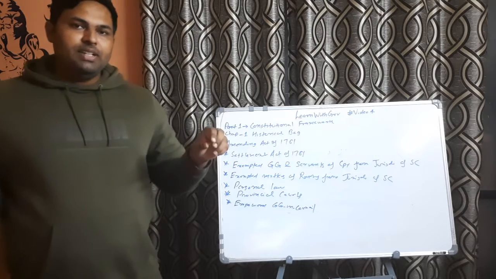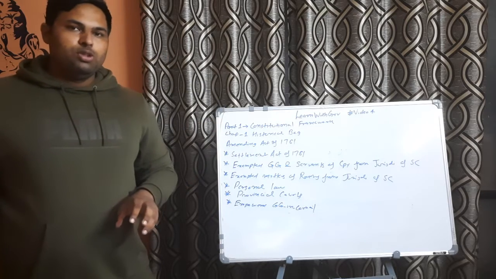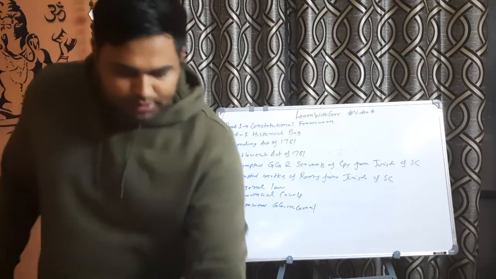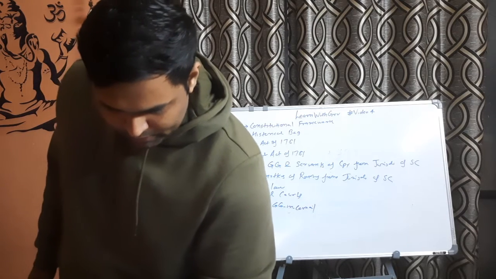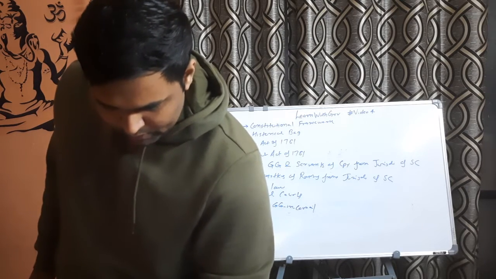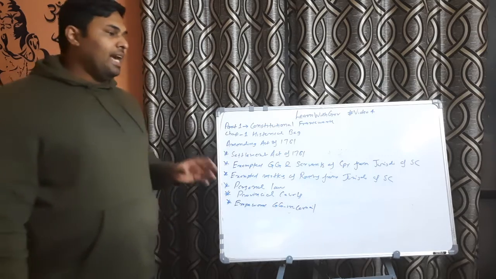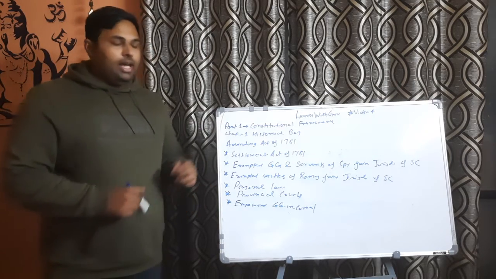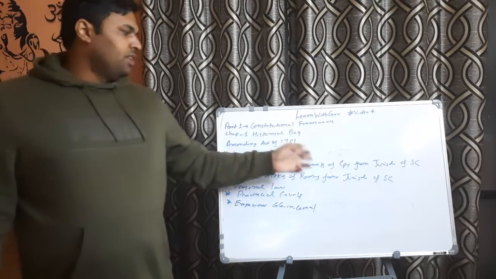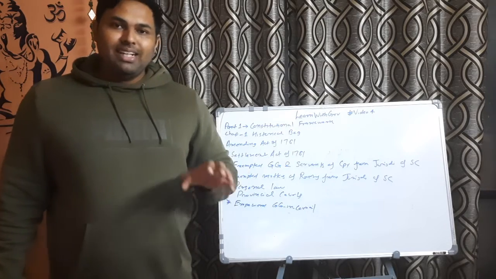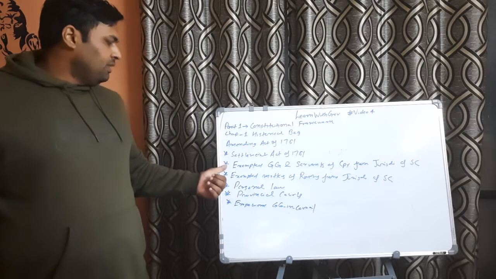The Supreme Court was formed in Calcutta in 1774, and the Governor General and servants of the company were coming under its jurisdiction. So this was exempted.